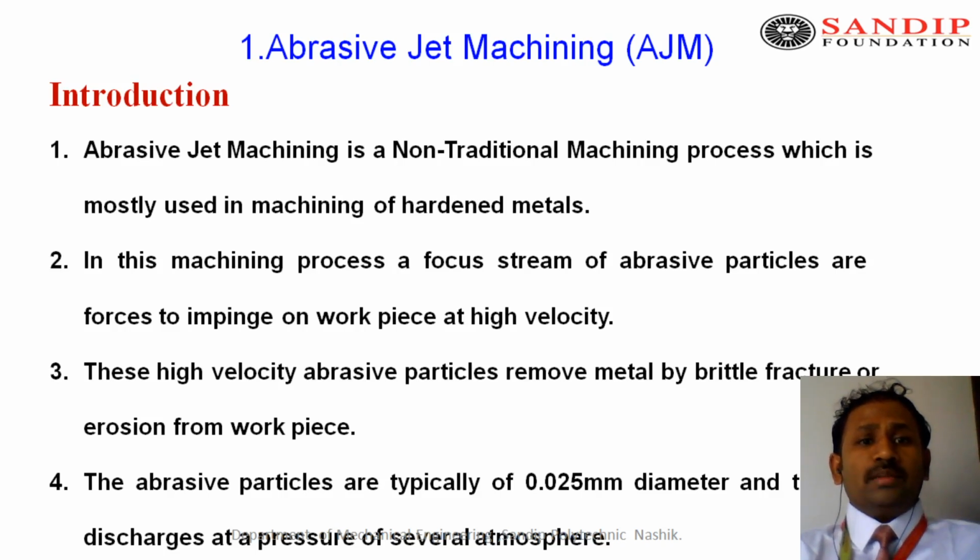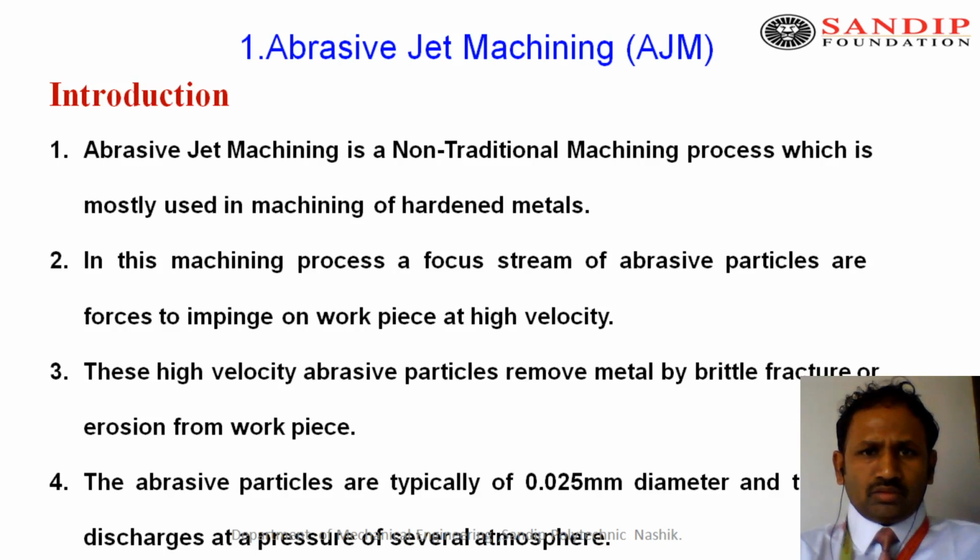Abrasive is a crystalline material like aluminum oxide, silicon carbide. Jet means a device used to give a high velocity jet of flow, and machining by using abrasive material with the help of a jet is called abrasive jet machining process.